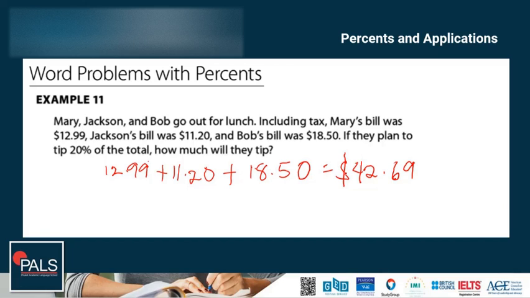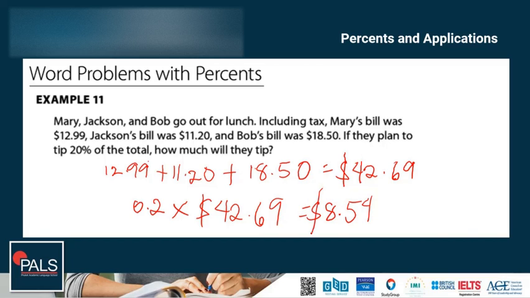So we need to multiply 0.2, the decimal conversion of 20%, times $42.69, which is equal to $8.54. So the tip is $8.54.